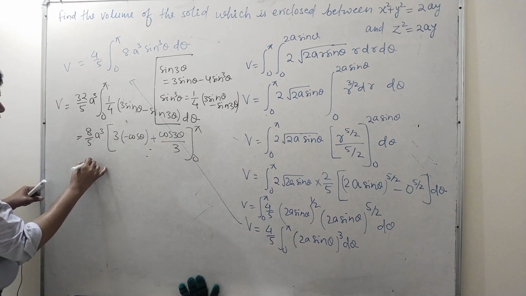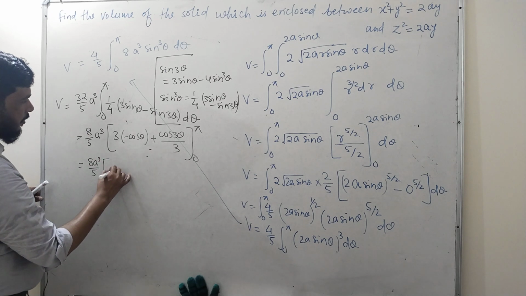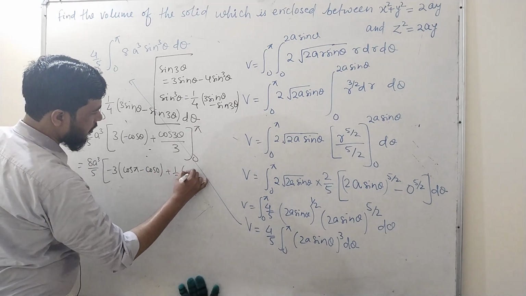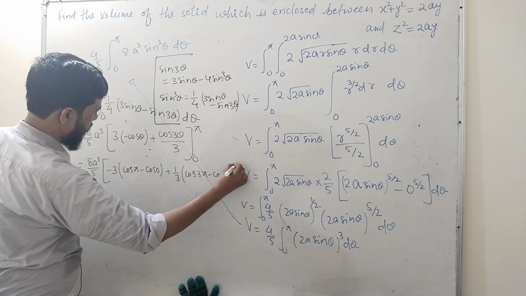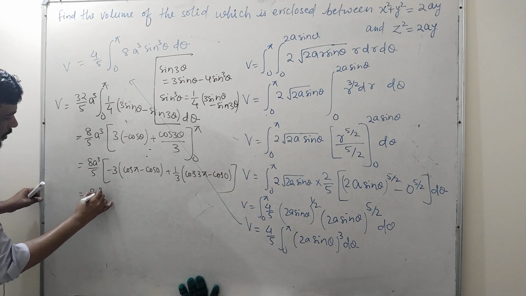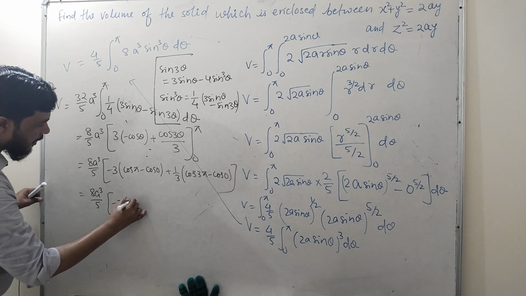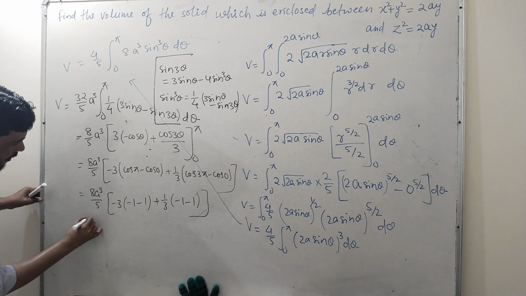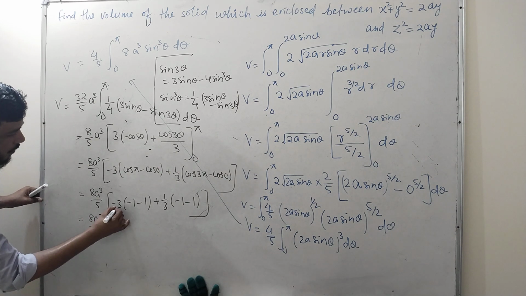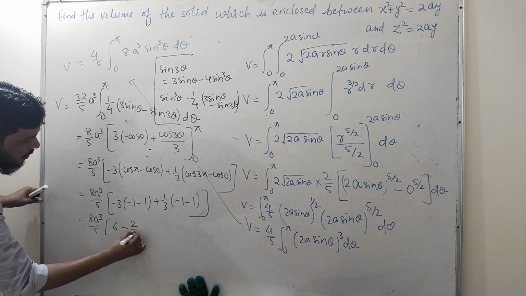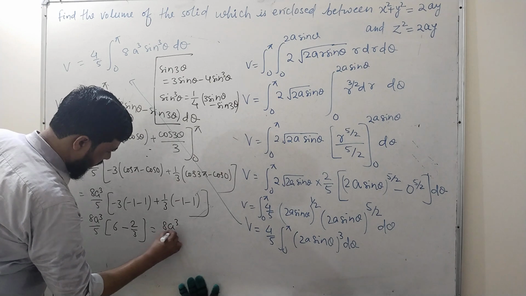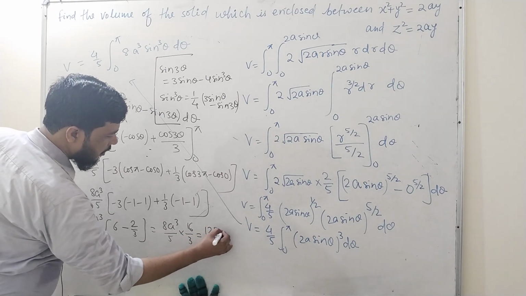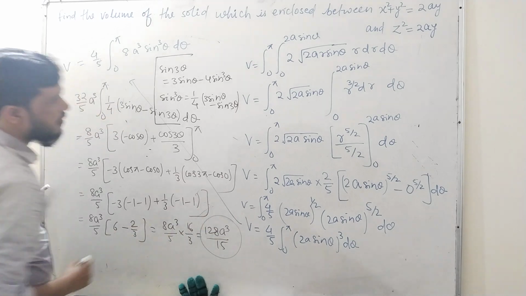Now put in the limits: −3(cos π − cos 0) + (1/3)(cos 3π − cos 0). cos π is −1, so −3 times −2 is 6, minus 2/3. So 8a³/5 times (18 − 2)/3, that is 16/3. 16 times 8 is 128a³/15. This is your answer. Okay, thank you.